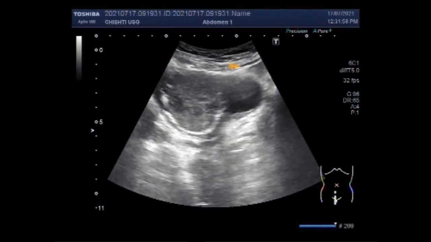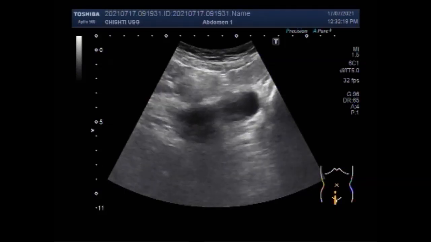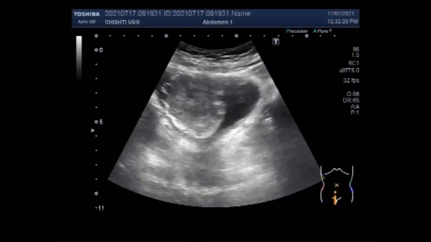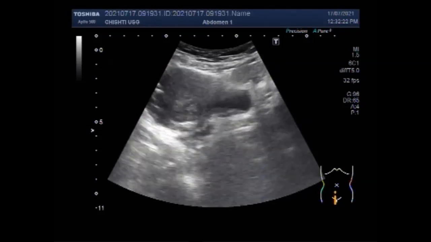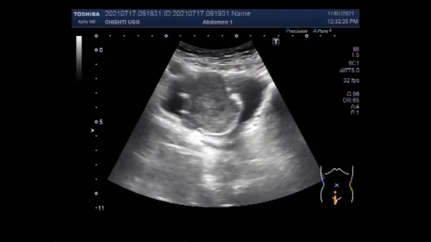Now you can see the right lateral wall is intact while the left lateral wall, this is the left lateral wall of the urinary bladder, and the growth is seen along the left lateral wall, but you will later on see the left lateral wall is also intact and not attached with the growth.